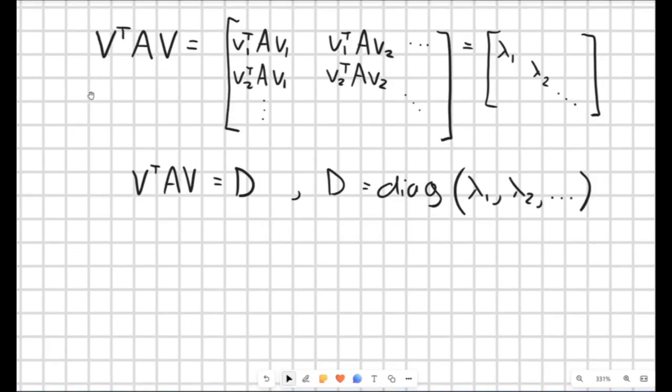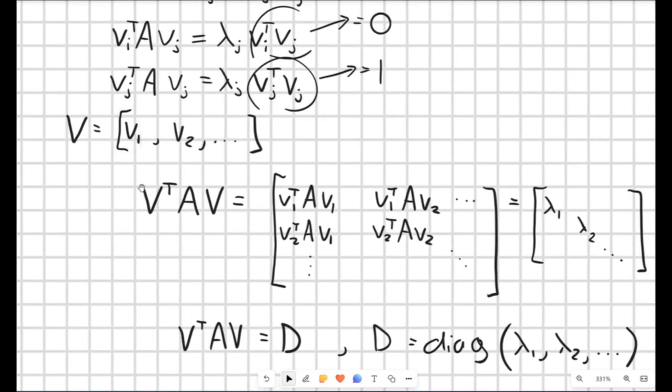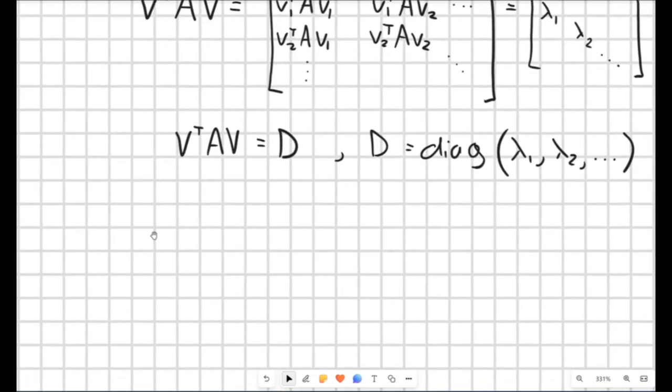Now because this matrix V is made up of orthogonal vectors, our eigenvectors, which we've used here, that means that if you multiplied V by V transposed, then you get the identity matrix.